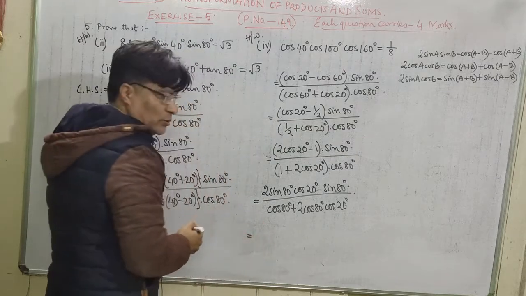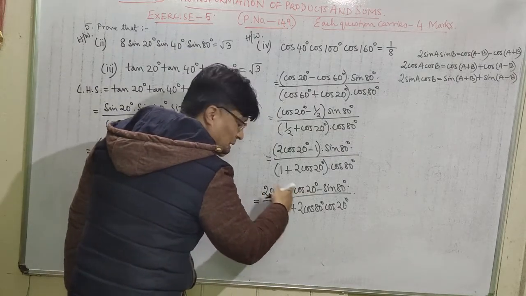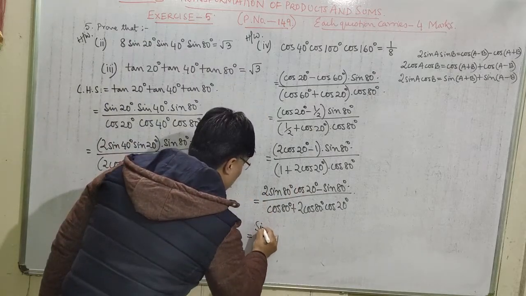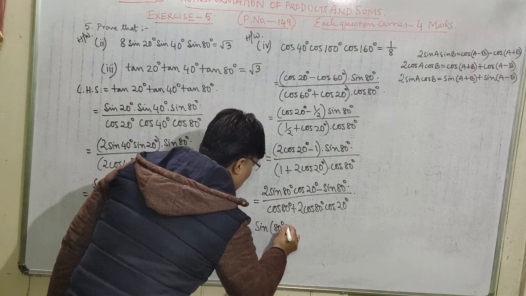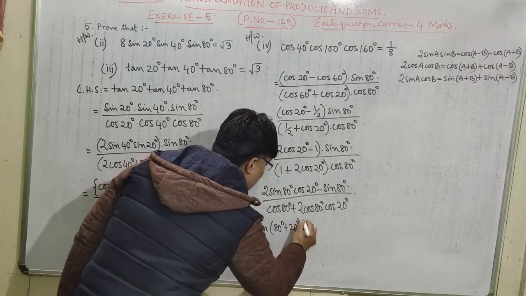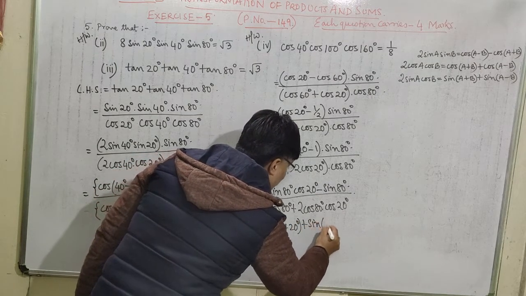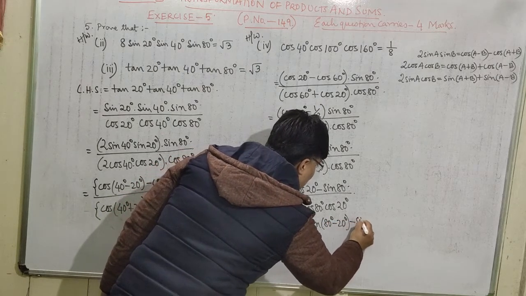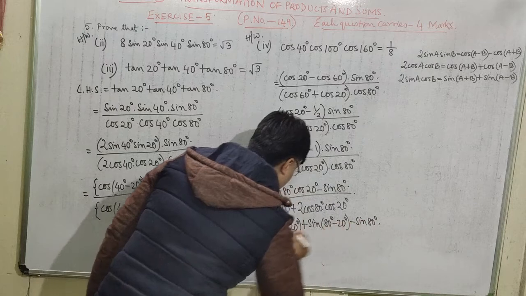So this is the formula that you can use here. Now 2 sin a cos b, a is 80 and b is 20, right? So what is the formula? That is sine of a plus b, 80 plus 20 degree, plus sine of 80 minus 20, minus sine 80 degree.